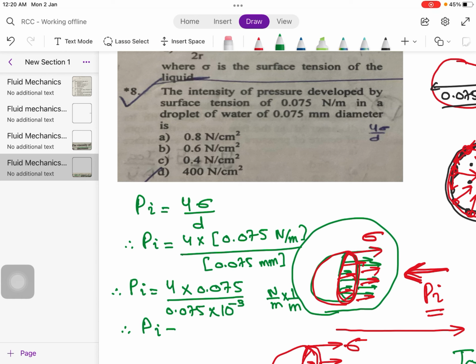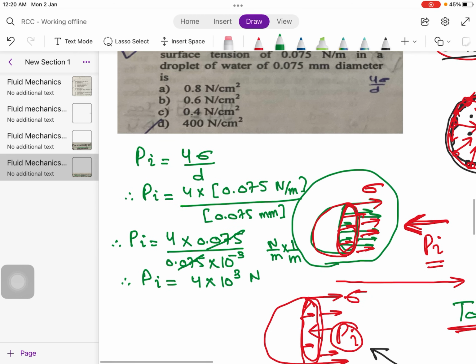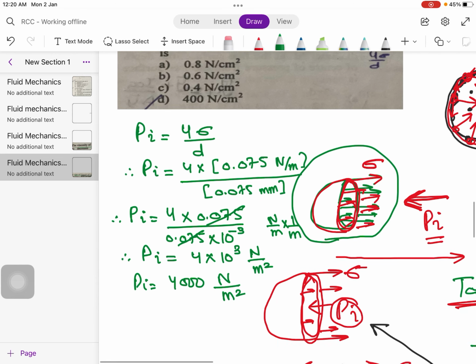Therefore, the inside pressure is 4 times 10 to the power 3 Newton per meter square, or 4000 newtons per meter square.